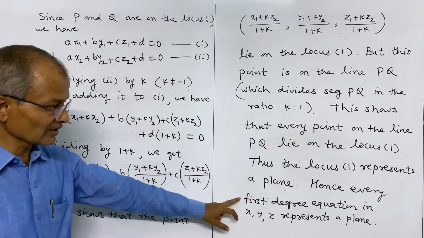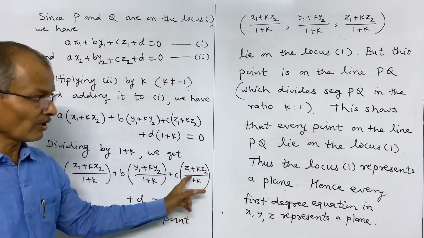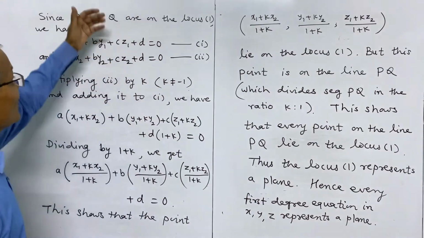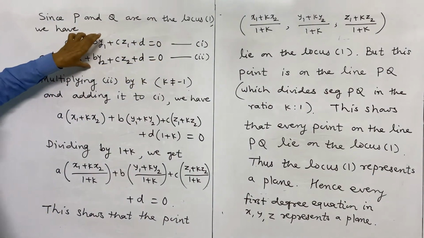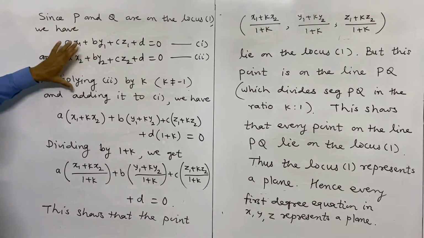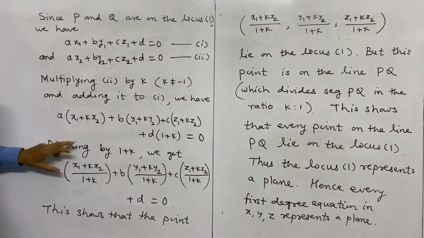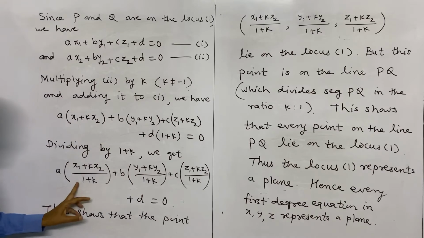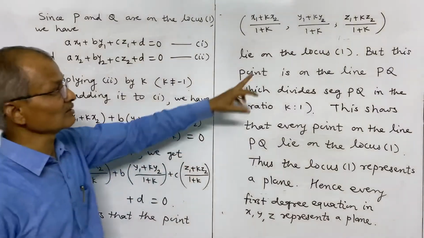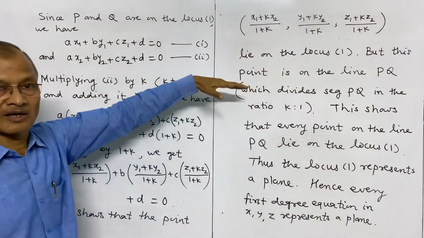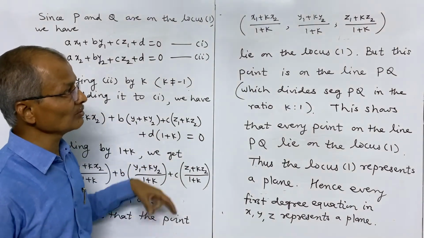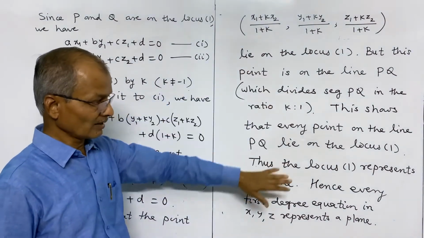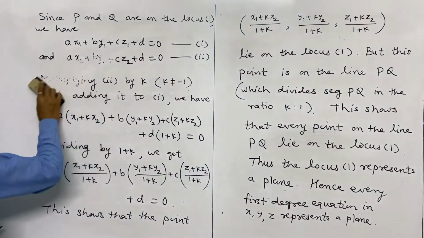We considered a first degree equation and took 2 points P and Q. Because the 2 points lie on the locus, they satisfy the equation of the locus. We did this operation and obtained this equation, which suggests that every point on the line joining PQ is again on the locus 1, and that proves locus 1 represents a plane.